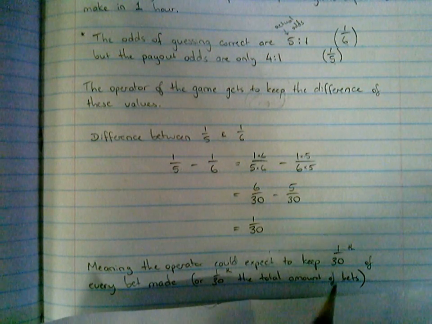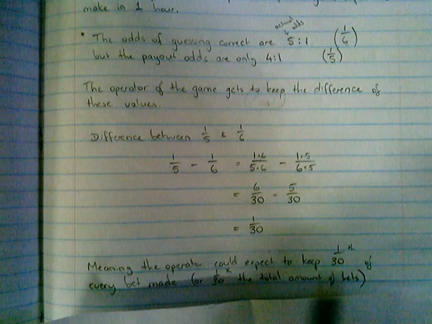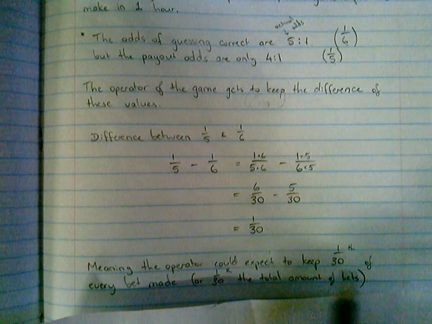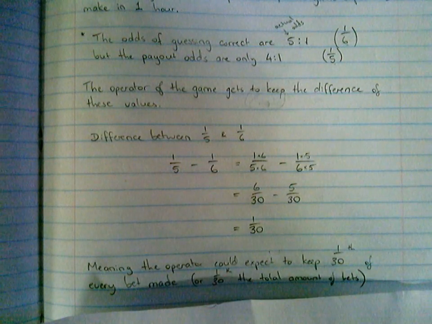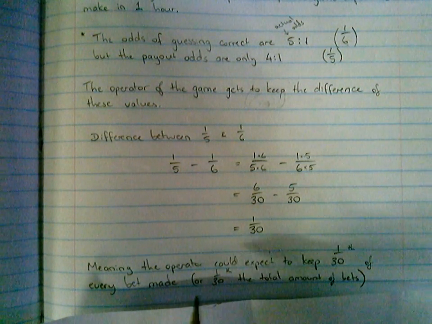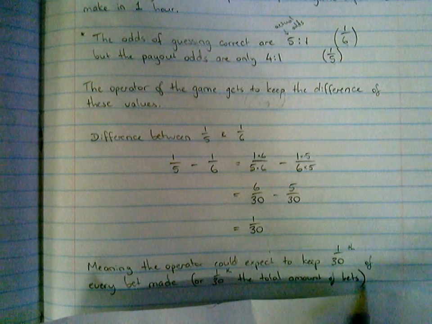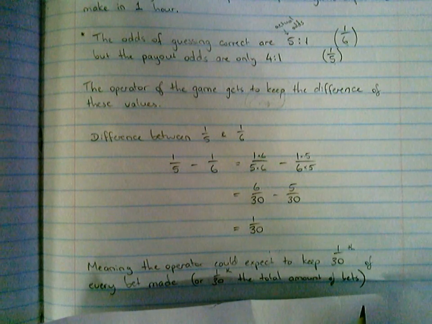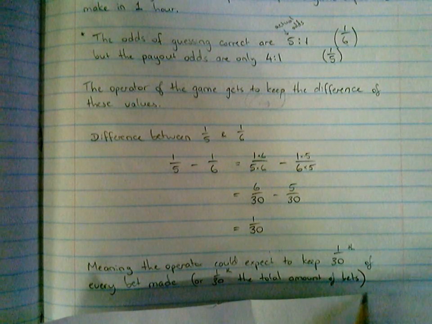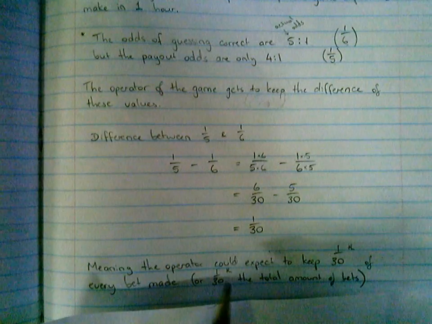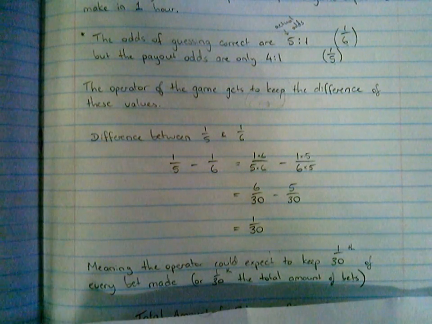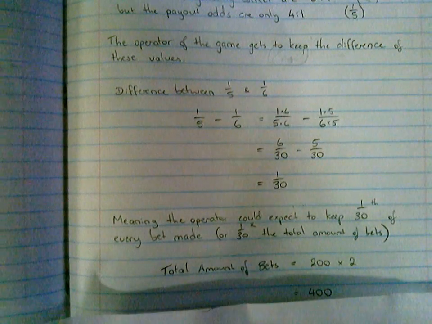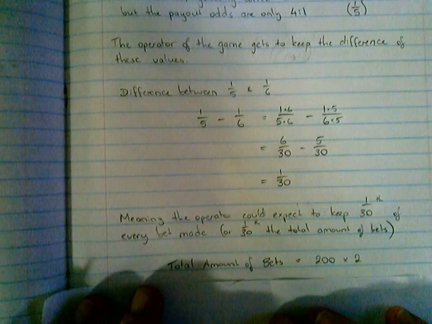So they're the same thing essentially. It's just easier to calculate this 1/30th of a total as opposed to calculating 1/30th of every single bet, then adding them together. So this is the one to go with. So we're just going to calculate 1/30th of the total amount of bets. So if we knew what the total amount of bets were, we'd simply calculate 1/30th of it, and we'd have the amount in which we'd expect that operator to pocket in 1 hour, which is what we are doing here.